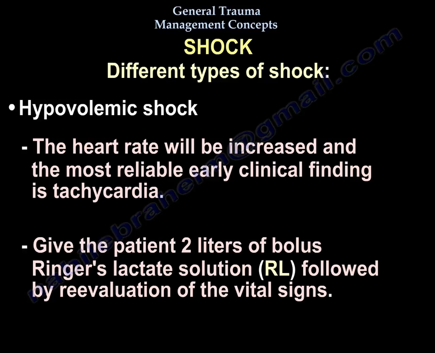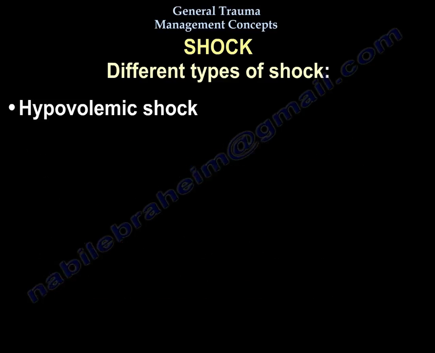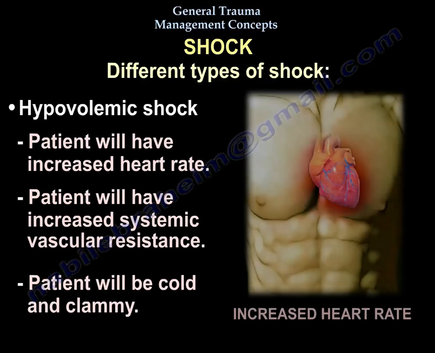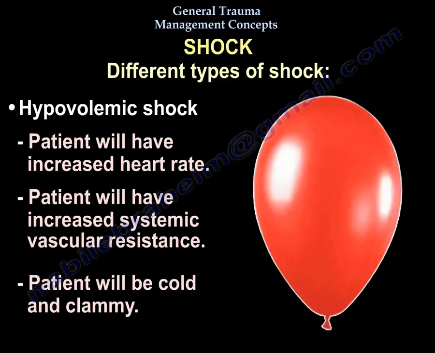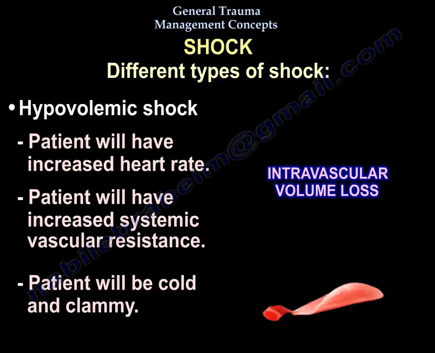And you're going to give the patient a 2 liter bolus of Ringer's lactate, followed by re-evaluation of the vital signs. So the patient will have increased heart rate, increased systemic vascular resistance, and the patient will be cold and clammy.